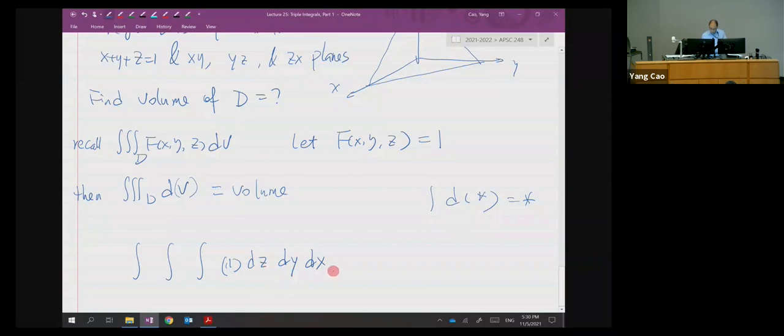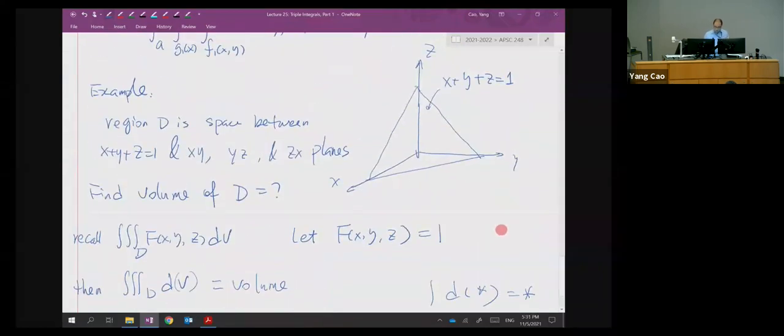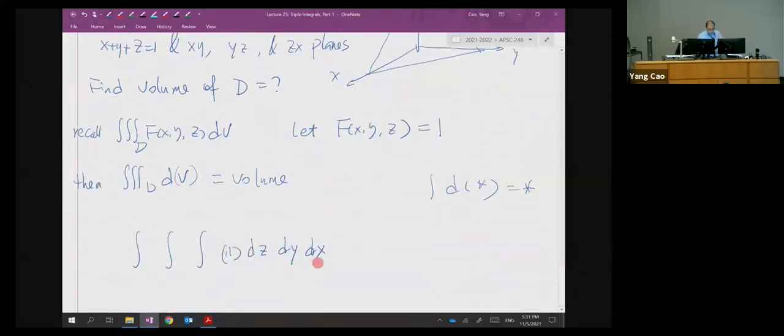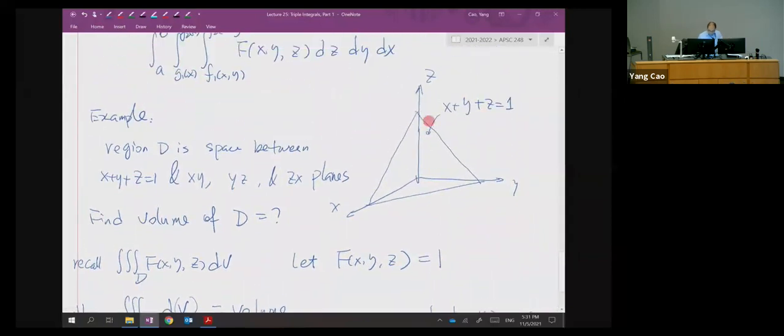So let's go back to the sketch here. Remember, step number 2 is to sketch the region D and also sketch the shadow, as long as you have decided on the order. Because our order here is dz, dy, dx, the shadow would be in the xy plane.